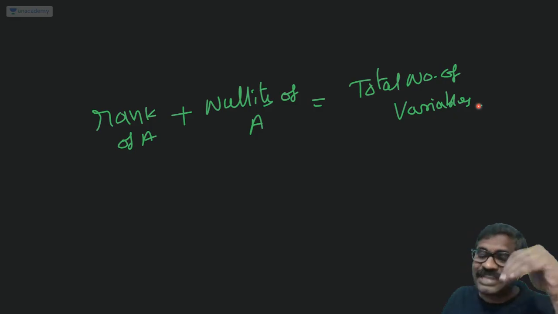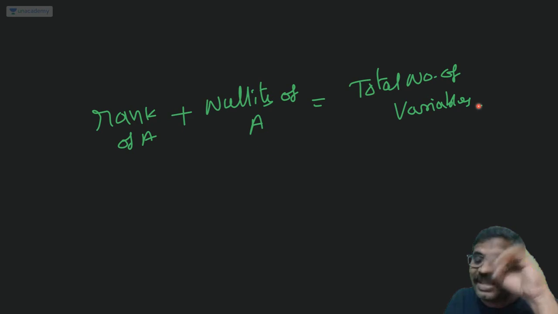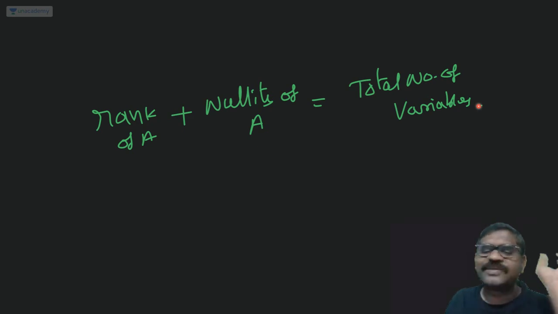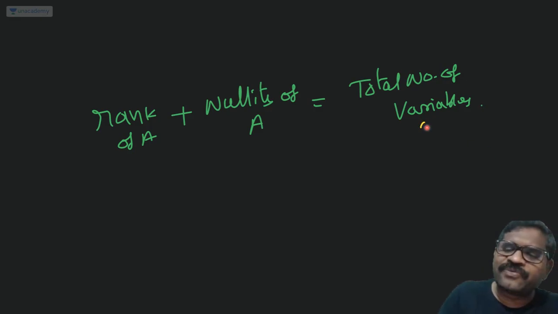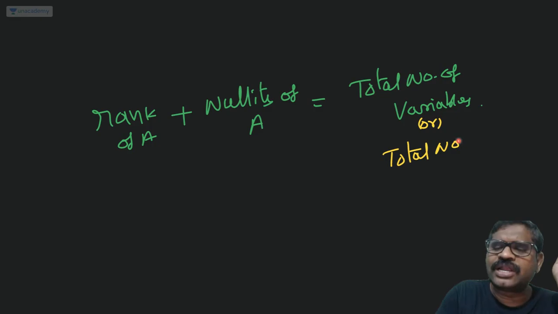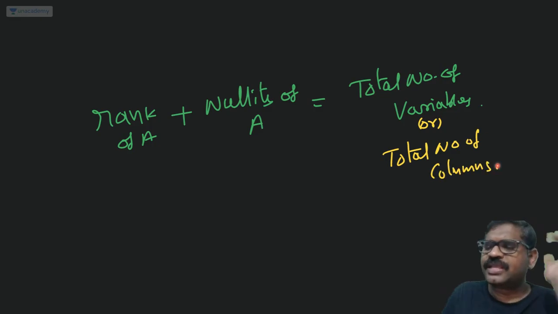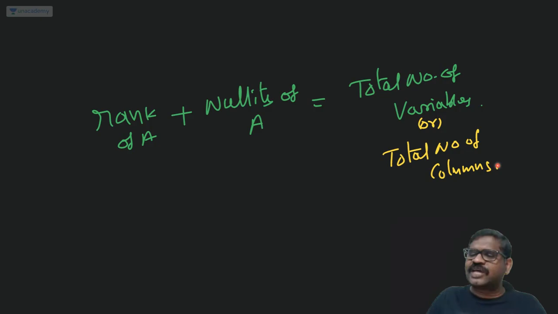Rank of matrix A and nullity of matrix A equal to total number of variables. In another way, while solving problems, we are going to use a simple technique. Total number of variables are nothing but total number of columns.